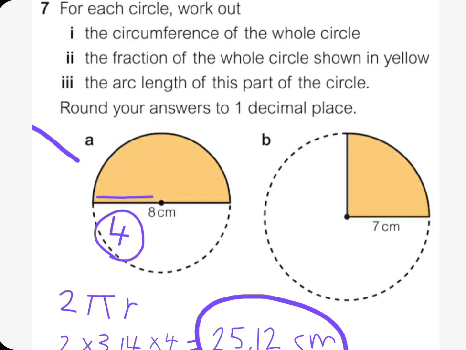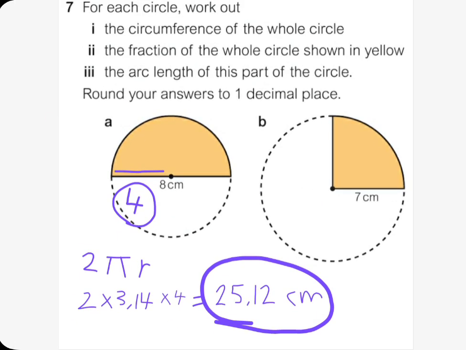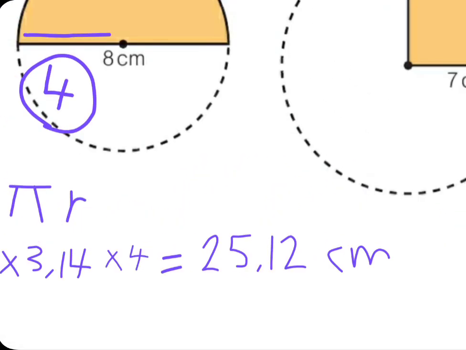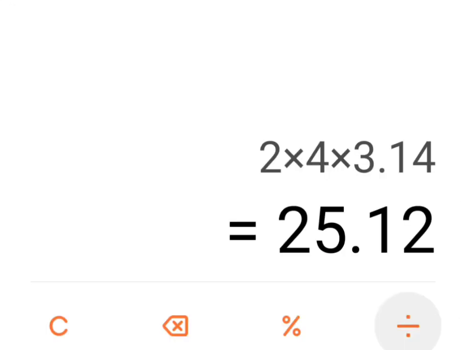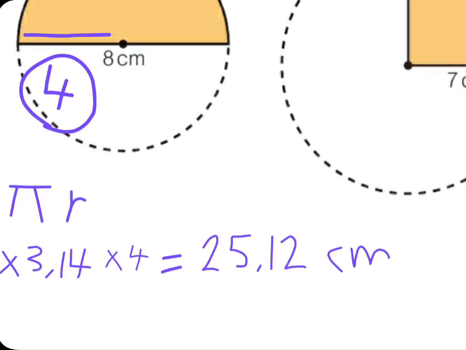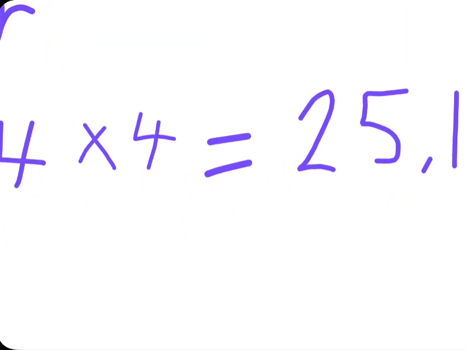First, let's divide 25.12 on 2. Let's use the calculator. So the answer, we divided on 2, equals 12.56. So 12.56.